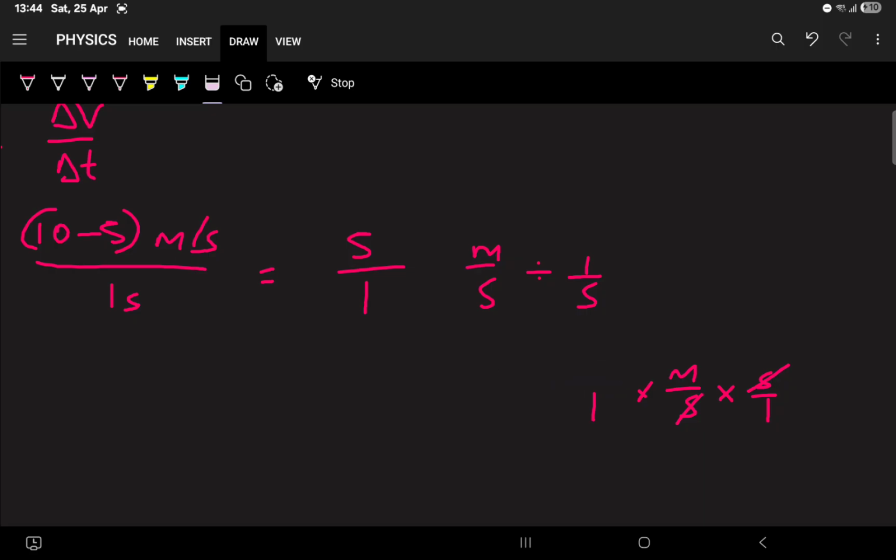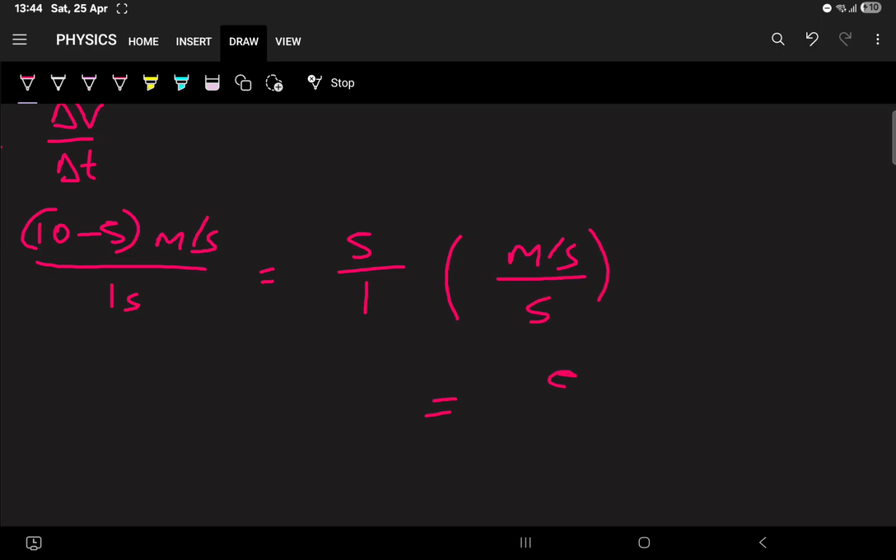Oh no, sorry. Coming back here, let's redo this again. So this 5 is as a result of the simplification of 10 minus 5 meters per second. So let's express the units here. We have meter per second divided by the second here.